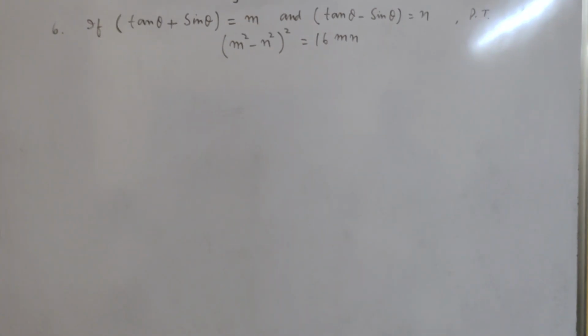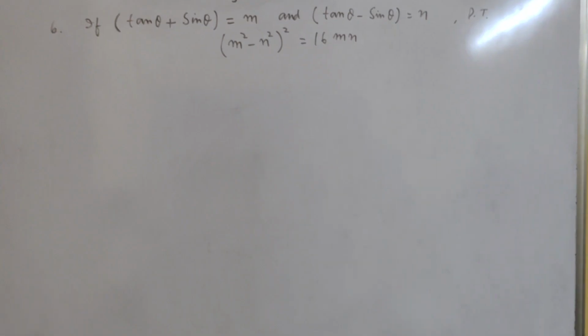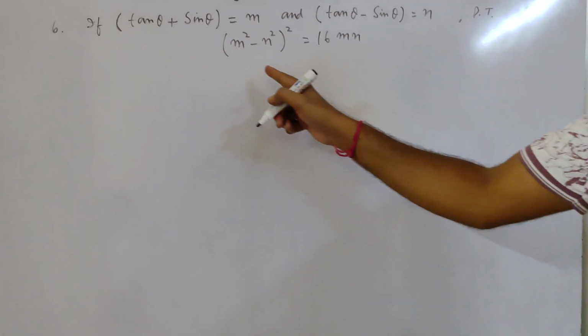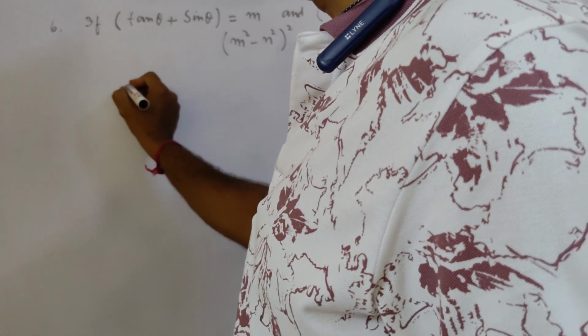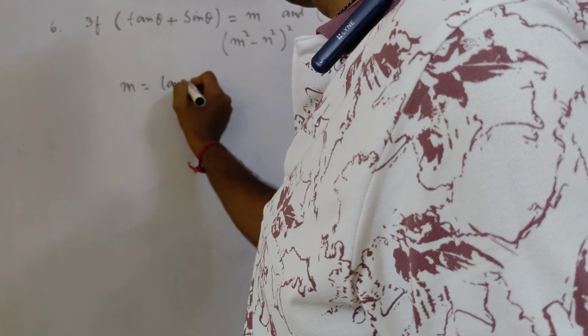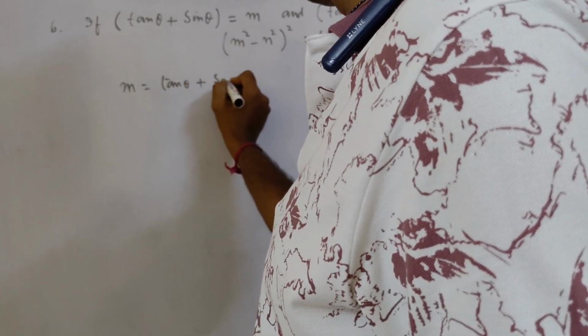Now next problem. If tan theta plus sin theta is equal to m and tan theta minus sin theta is equal to n, then prove that (m square minus n square) whole square is equal to 16mn. So m is equal to tan theta plus sin theta.